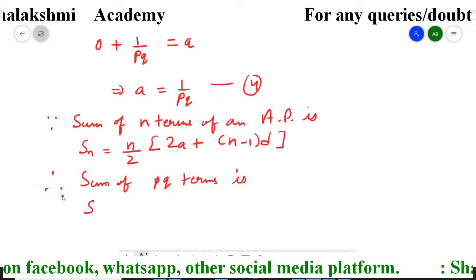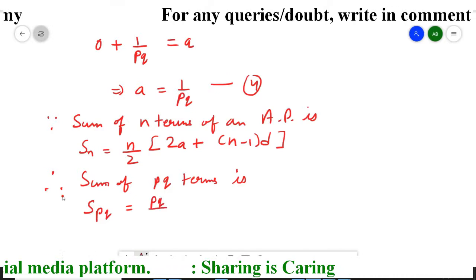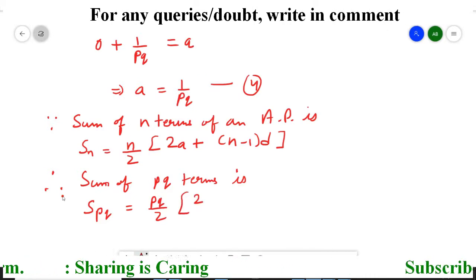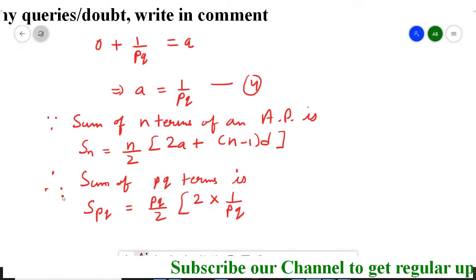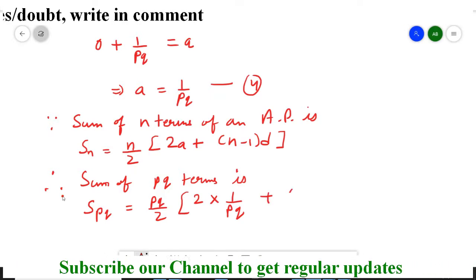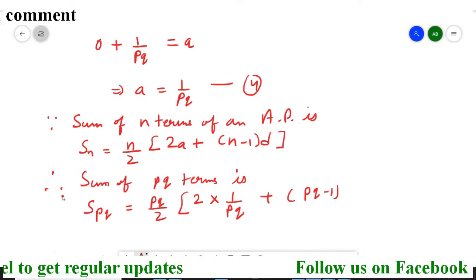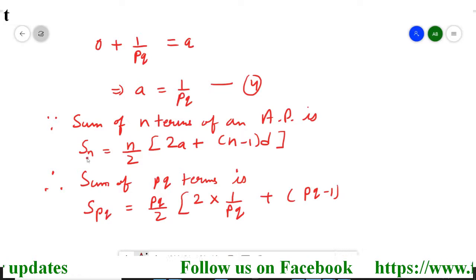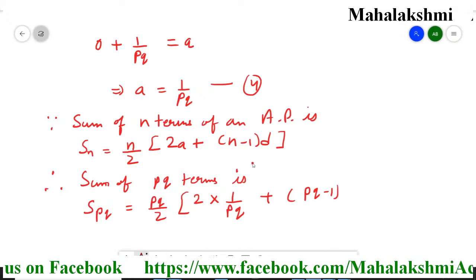S pq is equal to pq upon 2 bracket 2 multiplied by a. So what is a here? a is 1 upon pq, then plus n minus 1, that is pq minus 1, because wherever n is there, we are replacing it by pq.